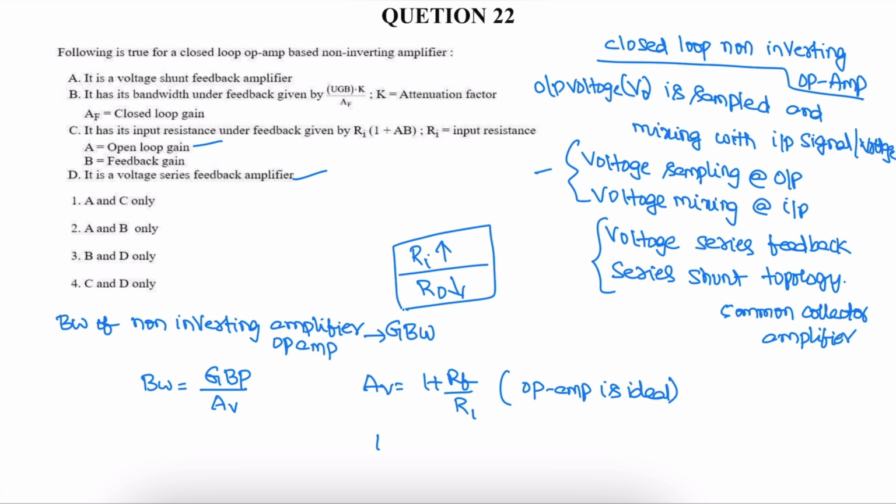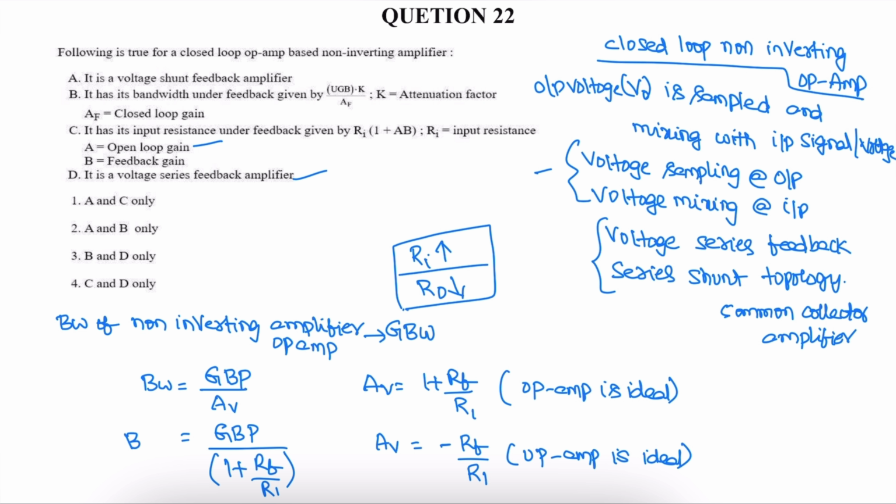In case of inverting operational amplifier, voltage gain is minus Rf by R1 if op amp is ideal. Bandwidth of non-inverting operational amplifier is the gain bandwidth product divided by gain, that is 1 plus Rf by R1.